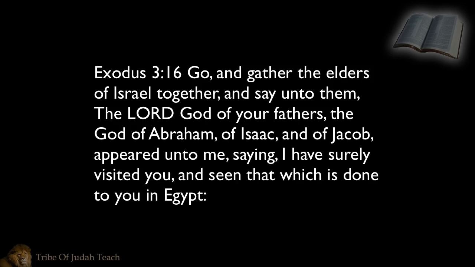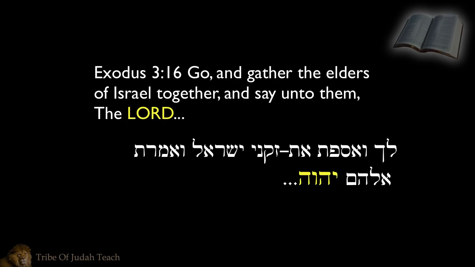it says, go and gather the elders of Israel together, and say unto them. Now let's see what he tells Moses to tell the elders of Israel. It says, the Lord God of your fathers. Stop. Once again, let's look at this in the Hebrew.